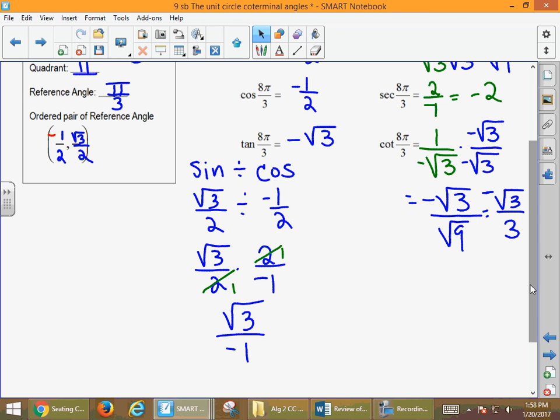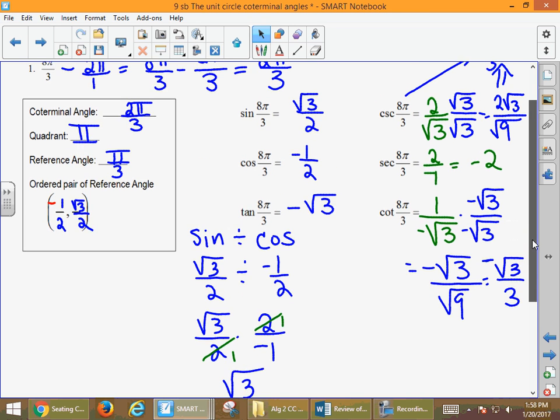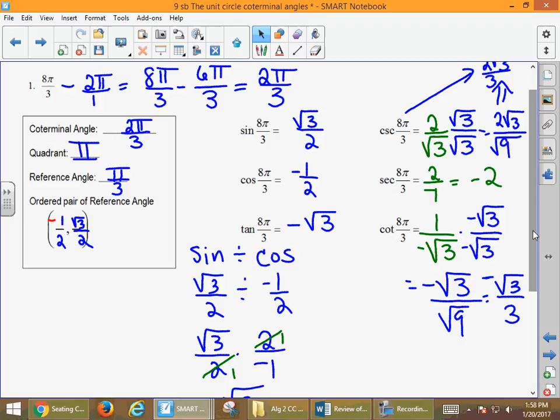One other thing to point out here is that we're working in the second quadrant. What function is positive in the second quadrant? The sine. So sine and its reciprocal are positive there.